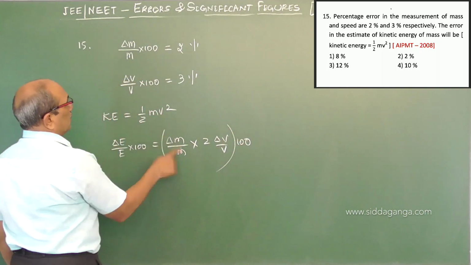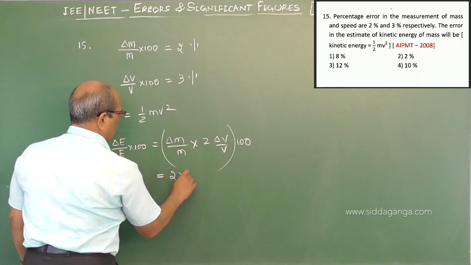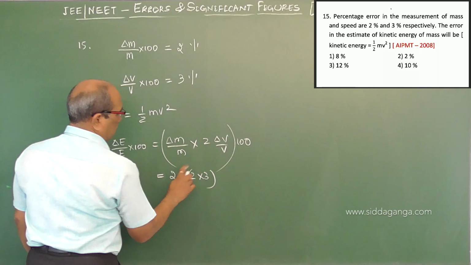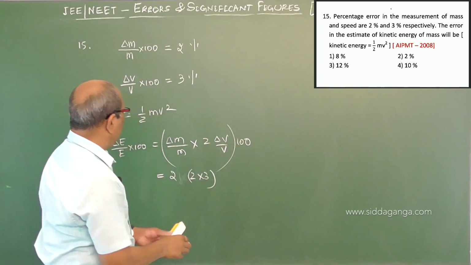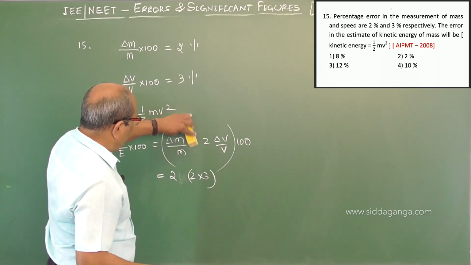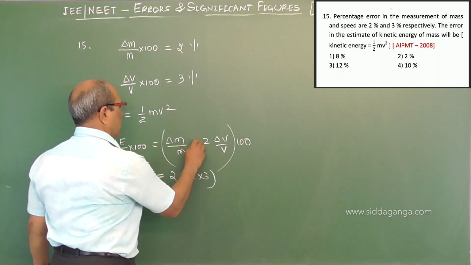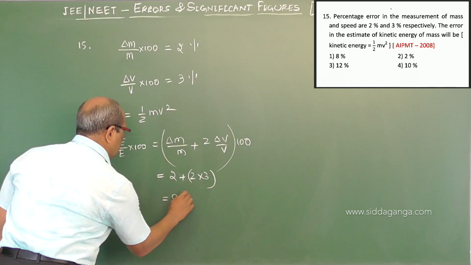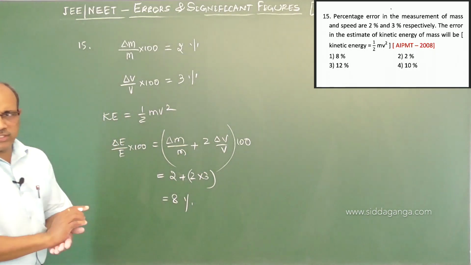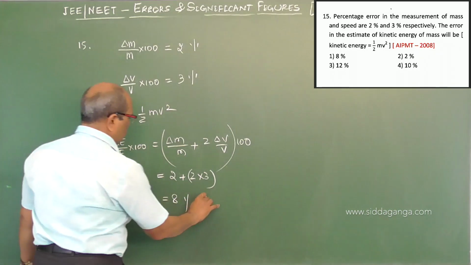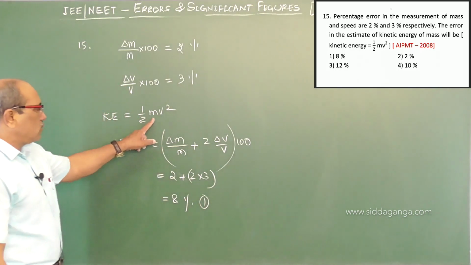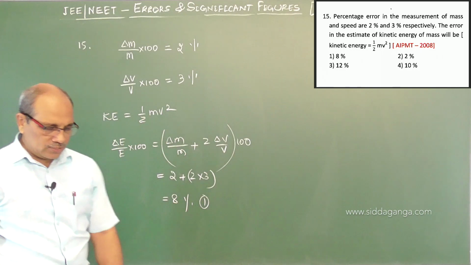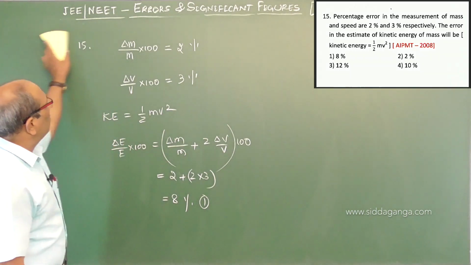Delta m by m is 2, plus 2 into 3%. So this becomes 6 plus 2, which is 8%. Option number 1. Mass affects 1 time, velocity affects 2 times. Therefore, the answer is 8%.